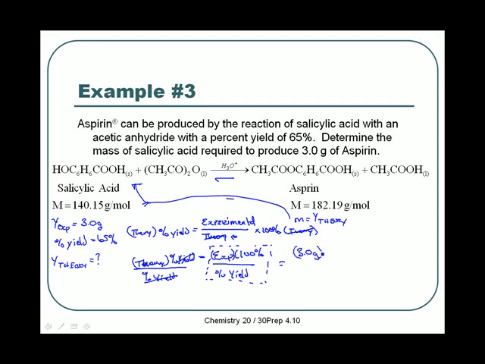So that's going to be equal to 3.0 grams times 100% divided by our percent yield, 65. So 300 divided by 65, and our theoretical yield is going to be 4.62 grams.